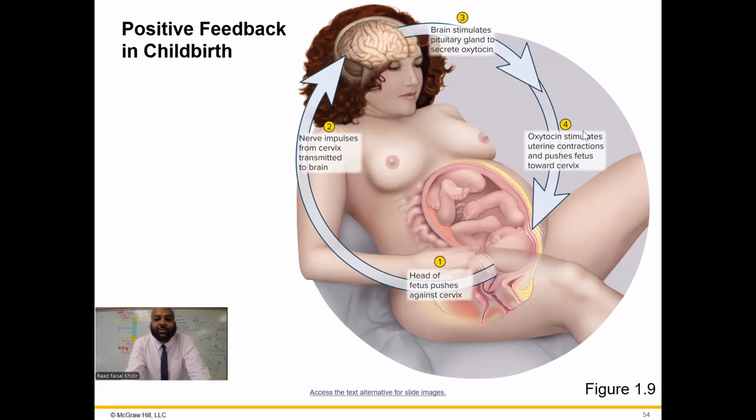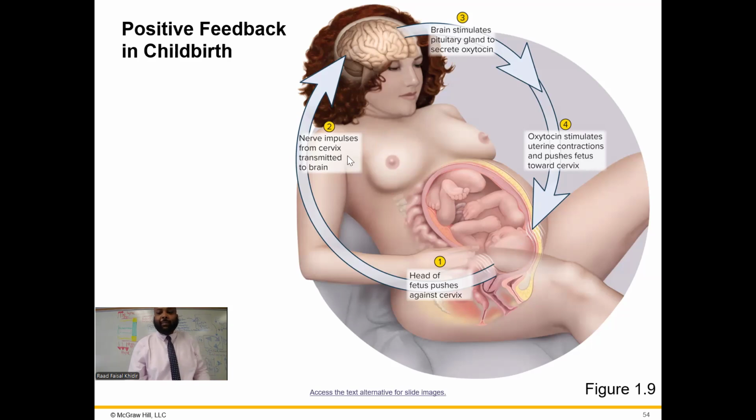Then oxytocin will stimulate the uterus to contract and push the baby out. So here the baby pushes, there is more pushing, then in the end there is even more pushing of the baby. What is that an example of? Positive feedback. So you need to be able to tell me an example of a negative feedback and an example of a positive feedback.